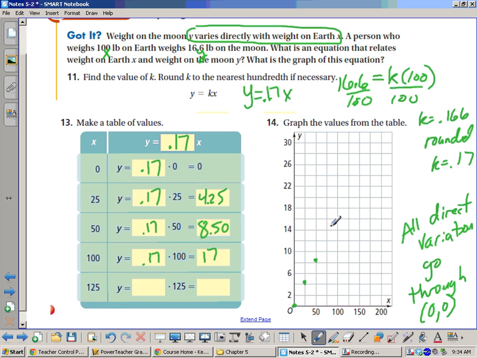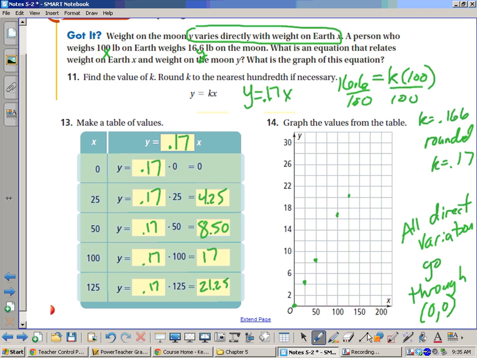So 17 will be right in the middle. And then 125 is going to give us 21.25. So 125 and 21.25, we're about in there.